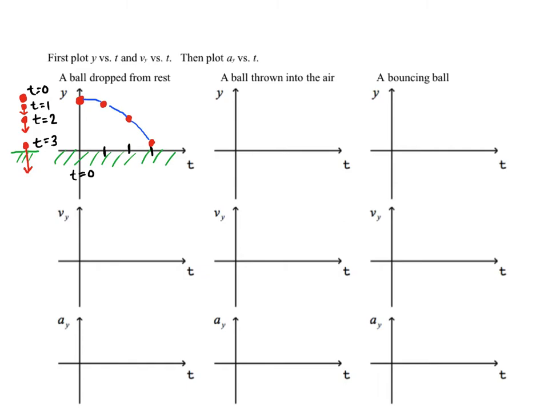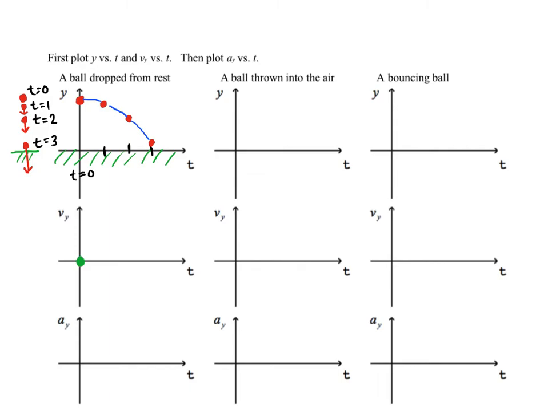All right, so now we want to see what facts we can extract from the situation in order to plot the velocity graph. So one thing about a ball that's dropped from rest is rest implies the velocity was 0. So if the velocity is 0 at time 0, we want to start off here. Now this ball does pick up speed.